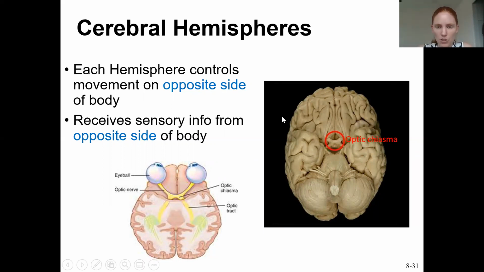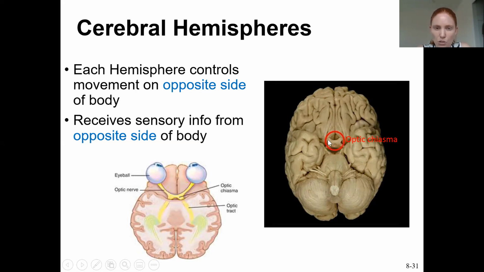So for example, if you're looking at this brain here, we're looking at the bottom, the inferior aspect of the brain. Right here, this is called the optic chiasma. The optic nerve brings sensory information from the eyes, crosses over, and goes to the opposite cerebral hemisphere, and the cross is called the optic chiasma. So right here in the middle would be the optic chiasma.